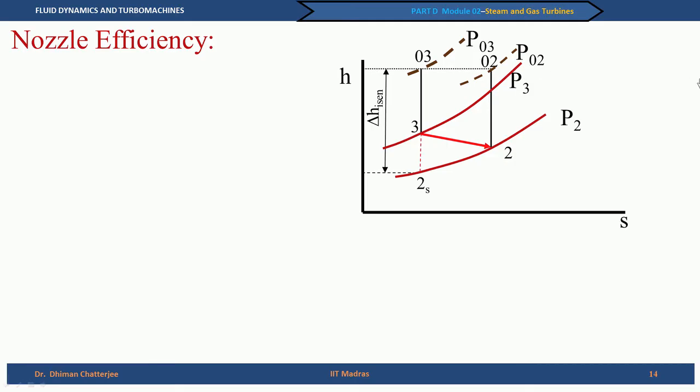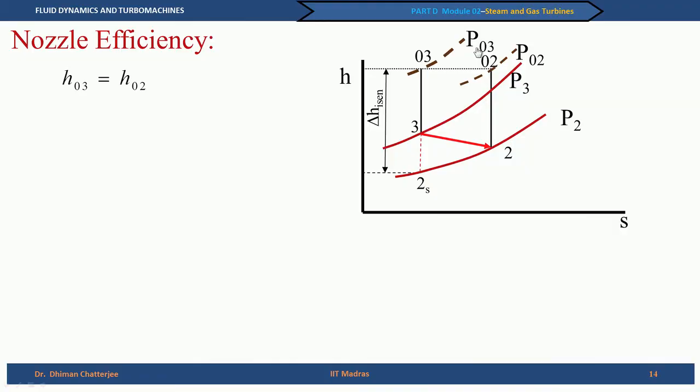In the last lecture on compressible flows, this aspect we have already discussed. We have shown that H03 should be equal to H02. Why is that? You recollect that the nozzle does no work and there is no heat transfer. So, from the first law of thermodynamics, neglecting potential energy changes, we can say that H03 is equal to H02.